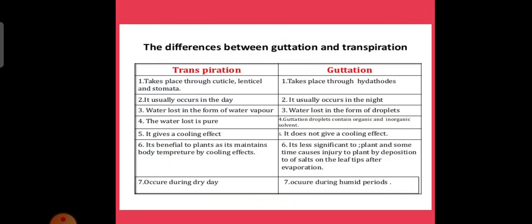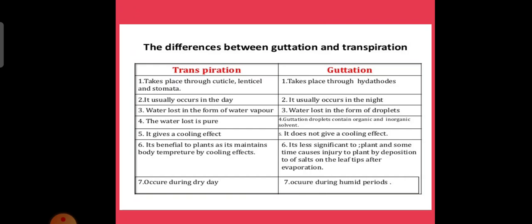What is the difference between guttation and transpiration? Transpiration takes place through cuticle, lenticels, and stomata. From these three parts of plant organs, transpiration takes place.